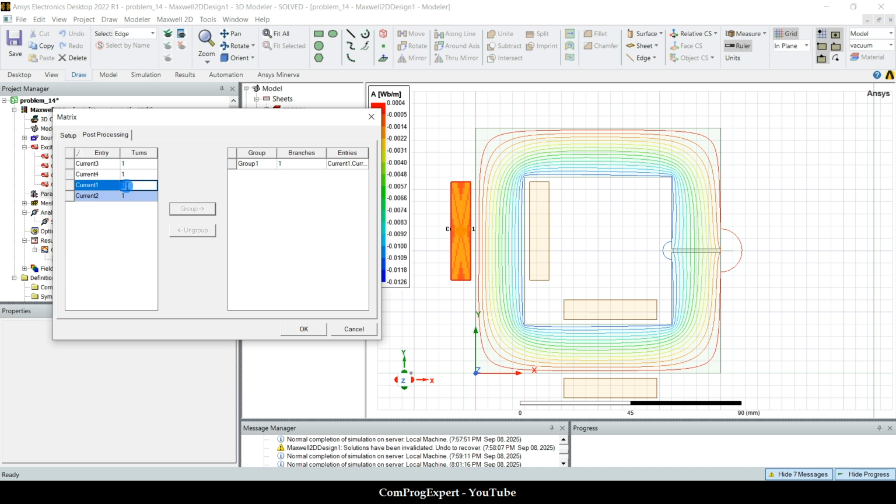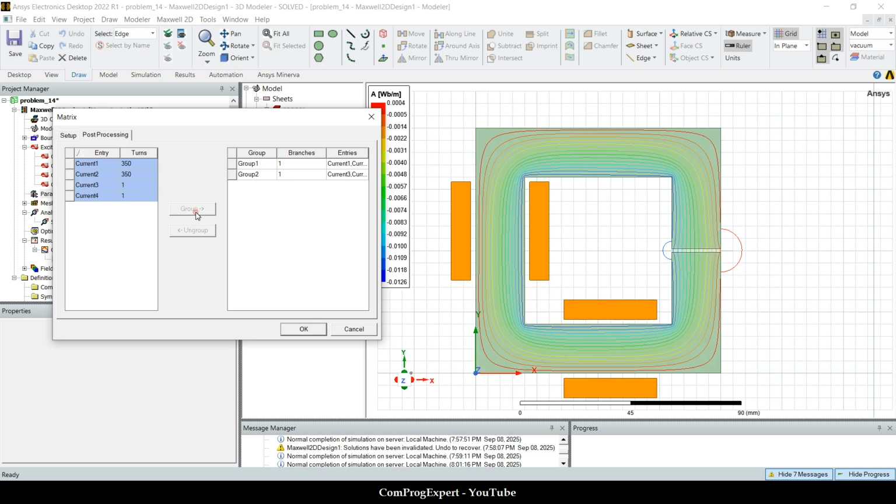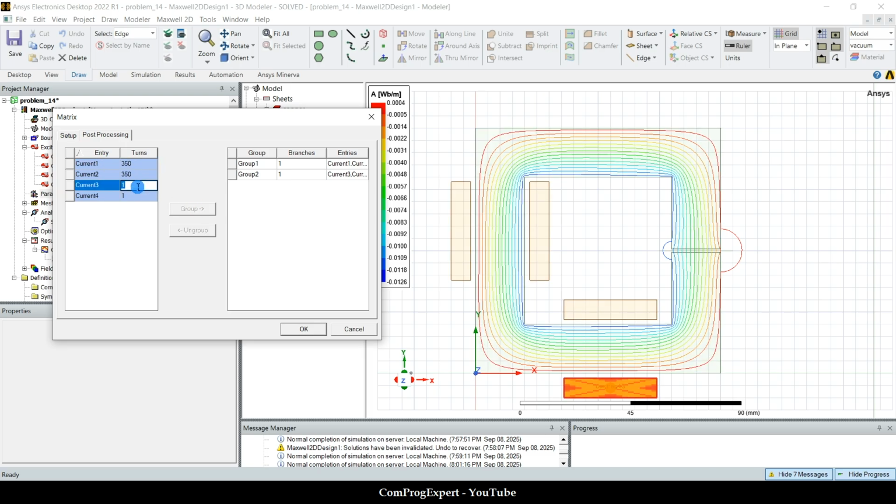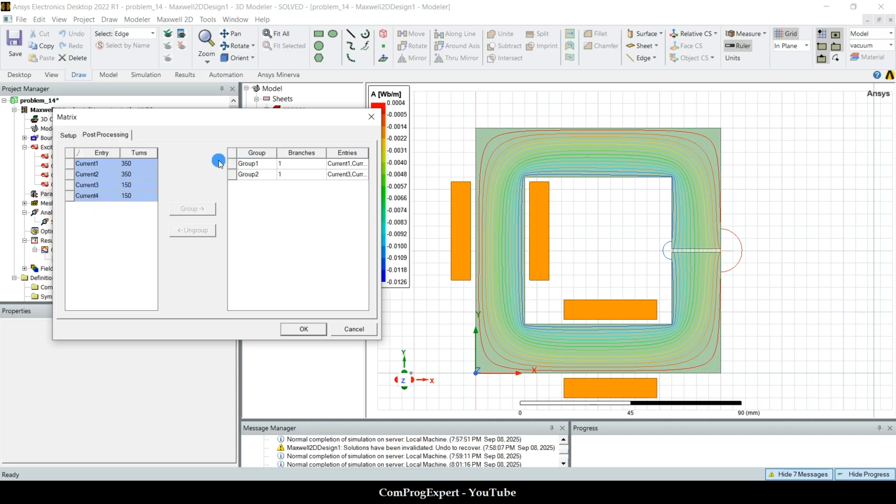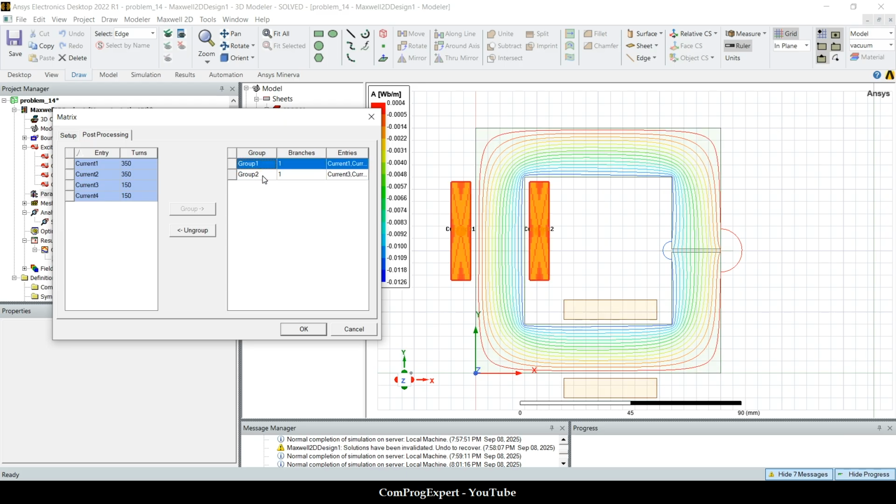For the first coil, 350. These two are in the next group. This is 150, 150. So group 1, group 2. Okay, we have two different coils.